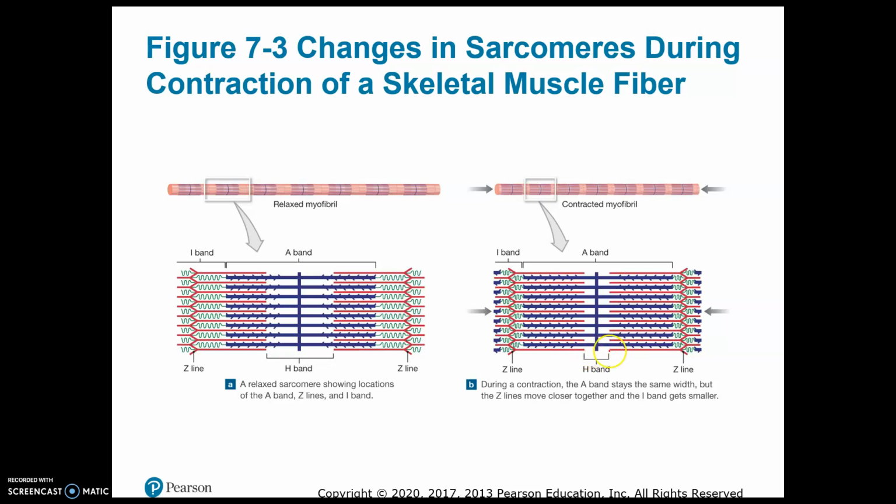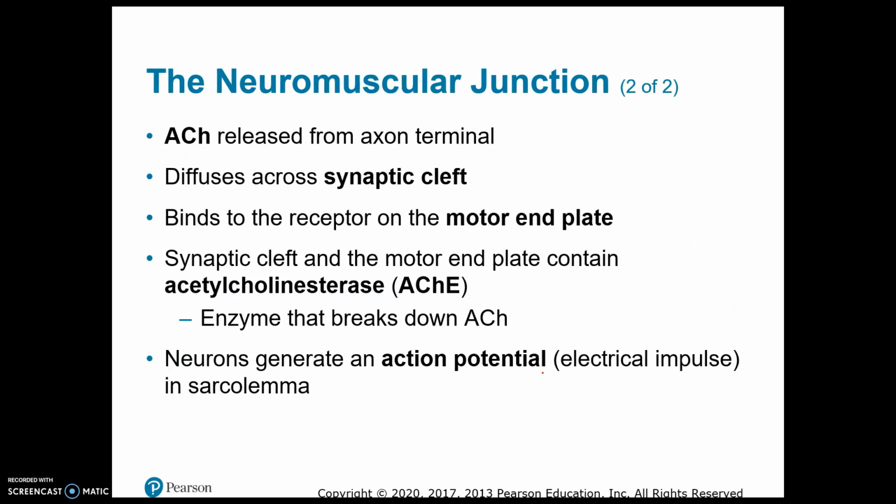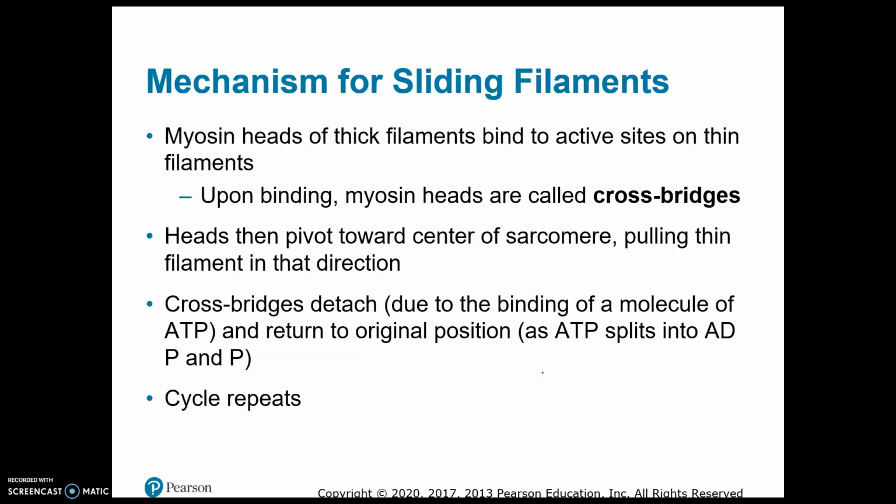And so the H band will become smaller. So basically, the myosin will attach to the actin and pull on it and move the actin fibers closer to each other. I'd love to show you a picture of this. I don't see a good picture. Okay, we'll just have to talk about it.